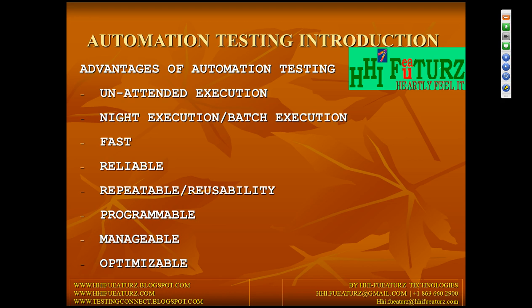At that time, your automation framework should also be optimizable in such a manner. So while starting up with your framework, you have to keep in mind that no application is stable and tomorrow any enhancements may come. At that point of time, your automation framework should be optimizable. So this is nothing but optimizable.